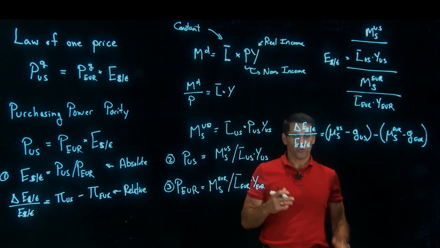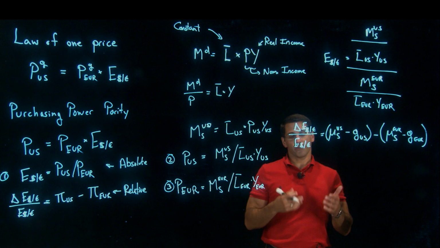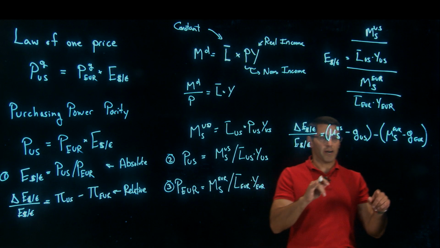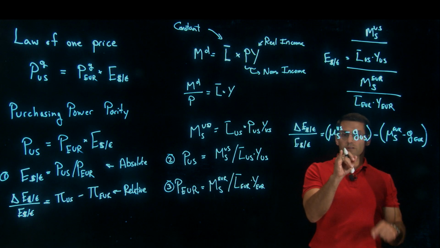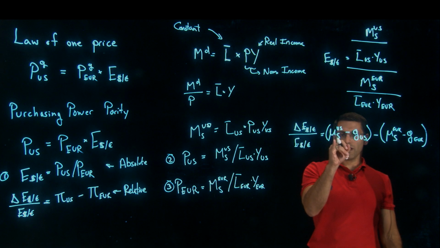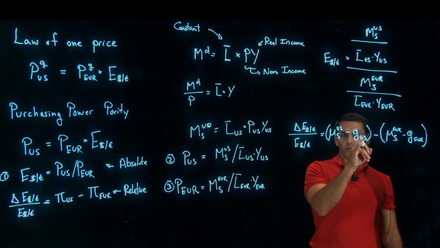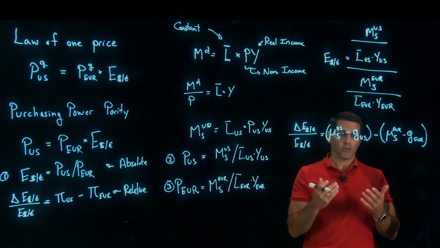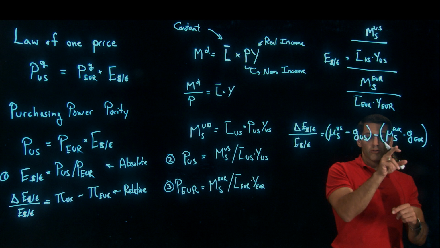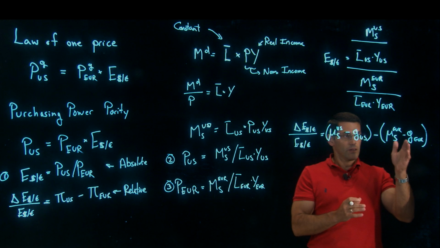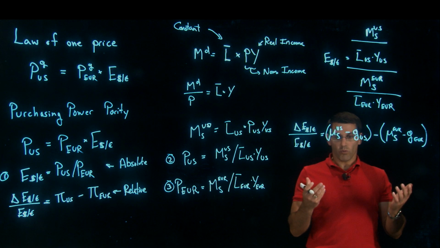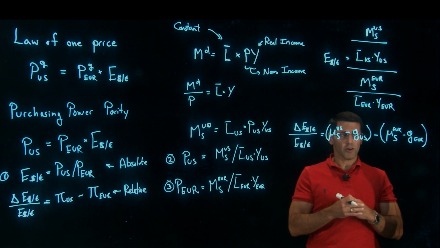Okay. So the percentage appreciation or depreciation of the dollar with respect to the euro is determined by these 4 growth rates: the growth rate of the money supply in the US minus the growth rate of real income, think of real GDP growth, minus the difference between the growth rate of the money supply and real GDP growth in Europe.